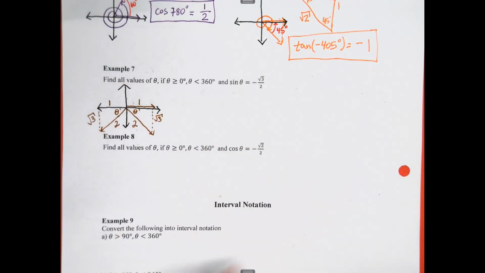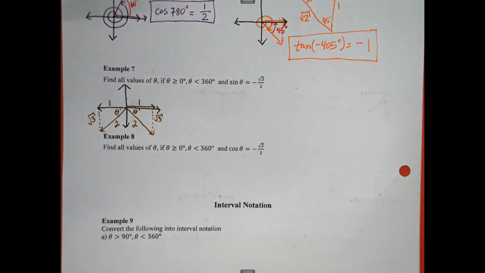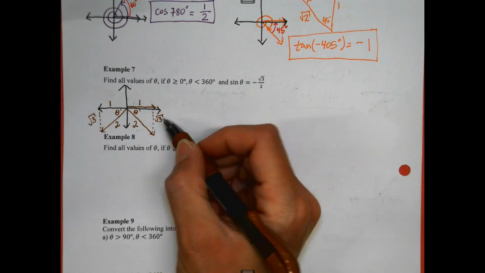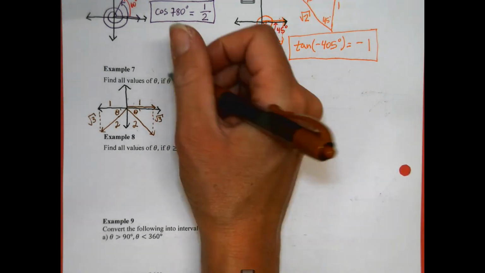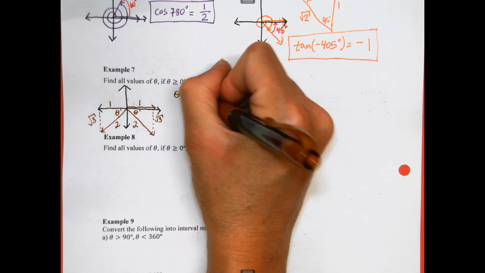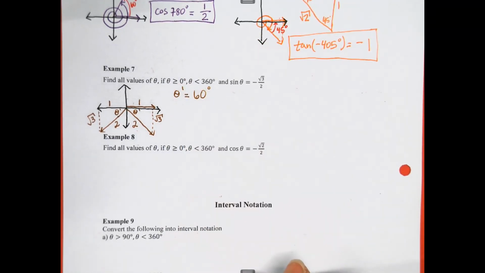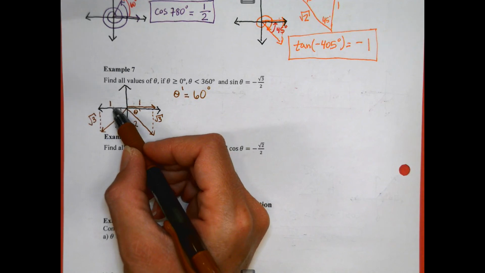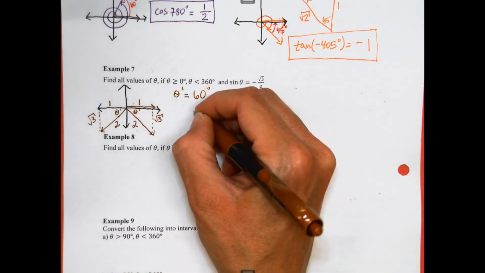We're looking at a 30, 60, 90 triangle. And what angle in a 30, 60, 90 triangle is opposite the square root of 3? In this case, our reference angle is 60 degrees. We went 60 degrees past 180.